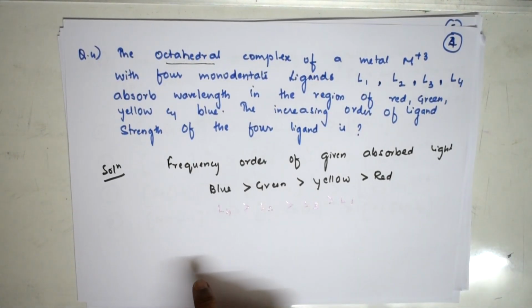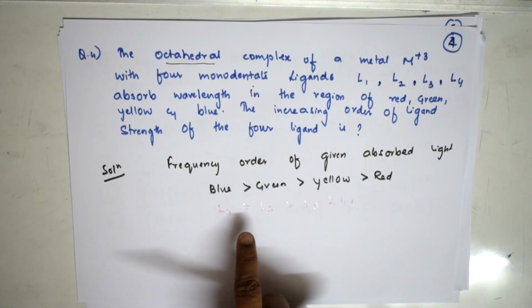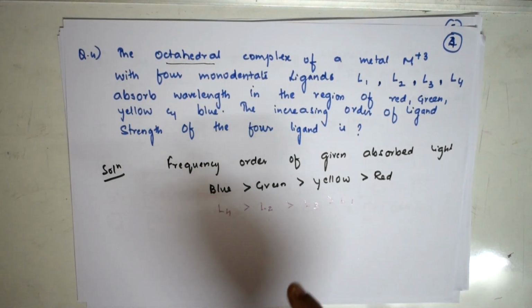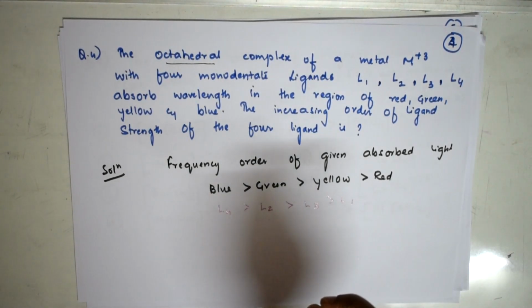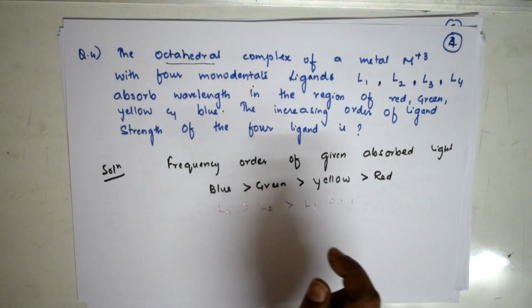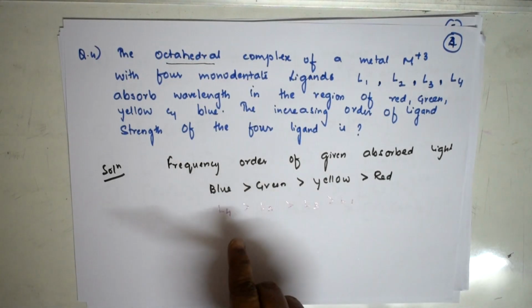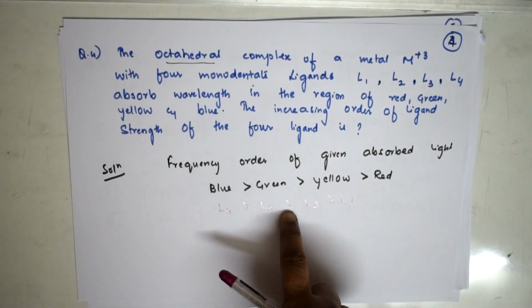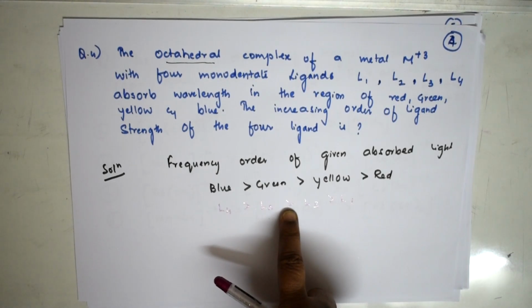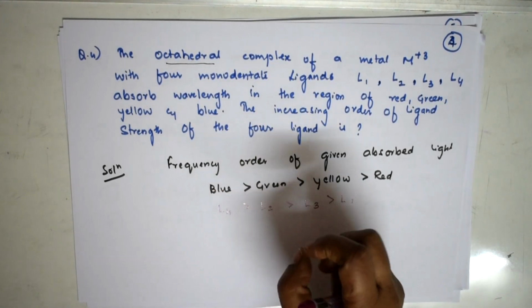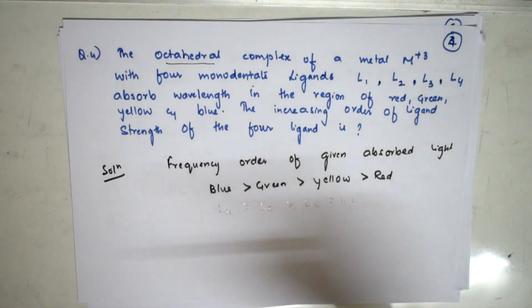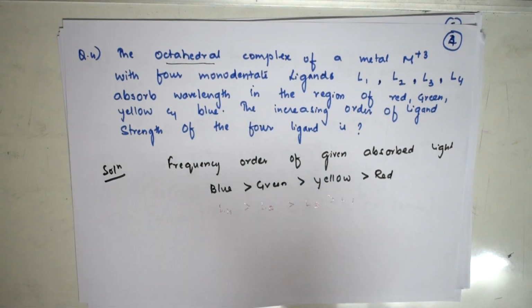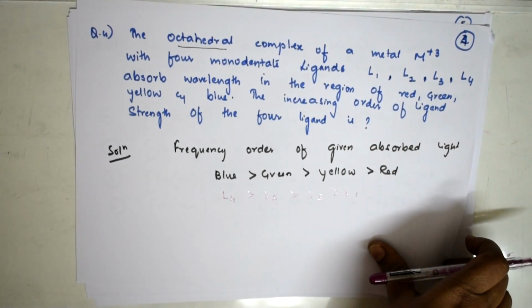Now, we very well know these ligands cause a high splitting gap for the octahedral complexes, because of d-d transition. They absorb high frequency only because the energy of the d-d transition will be more. So the correct order of this is this one. Simple, isn't it? Yes. Now let us take this out and come and do the 5th question.